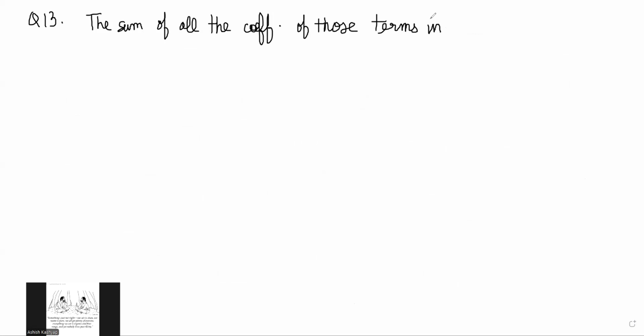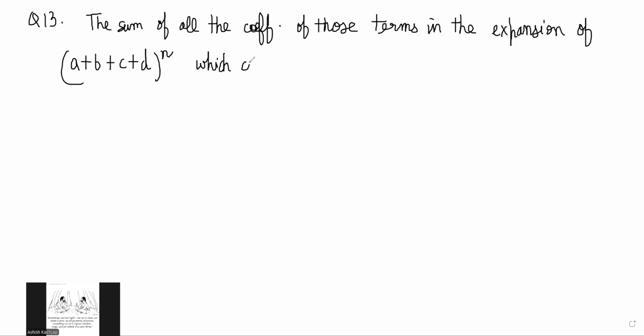We have to find the sum of all the coefficients of those terms in the expansion of (a plus b plus c plus d) to the power n, which contain b but not c.